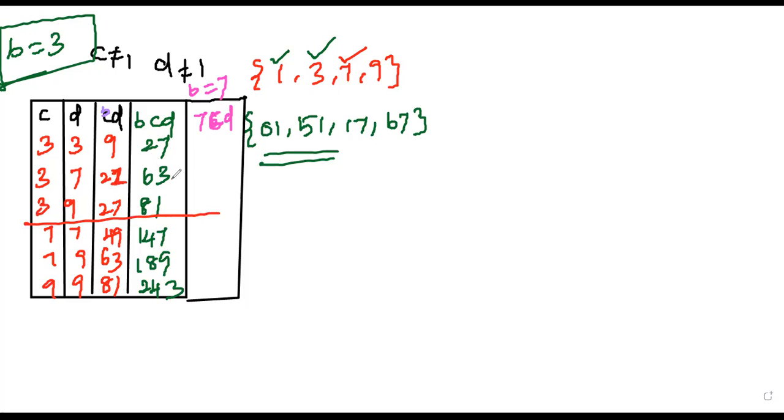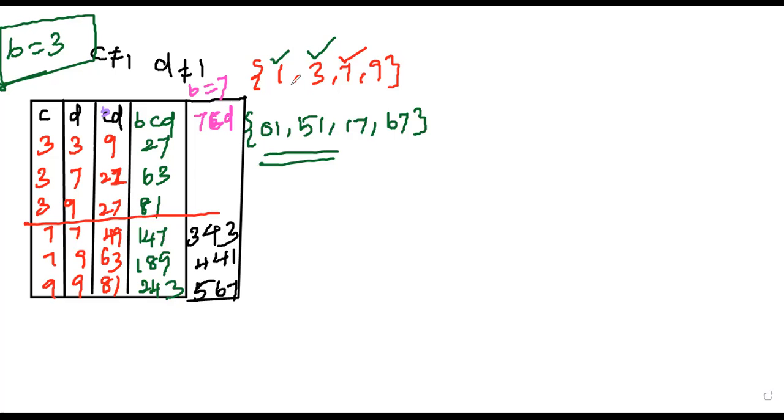You multiply it by 7. 7 into 7 will have 343. 7 into 9 into 7 would be 441. 9 into 9 into 9 will be 567. Just multiply 7 with this. Okay. So again, you check the last two digits: 01, 51, 17, 67.